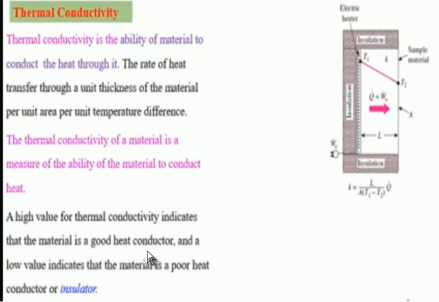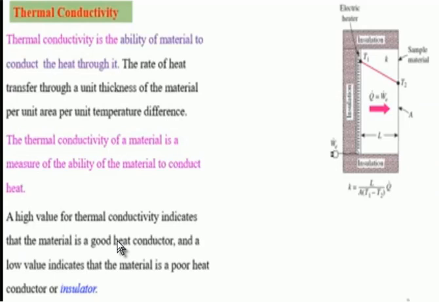That means more heat flows through the substance if it has a higher value of K. A low value of K indicates that the material is a poor heat conductor, or an insulator. If the value of K is more, then it is a good conductive material. If the value of K is less, then it is a poor heat conductor, or you can say it is an insulator.